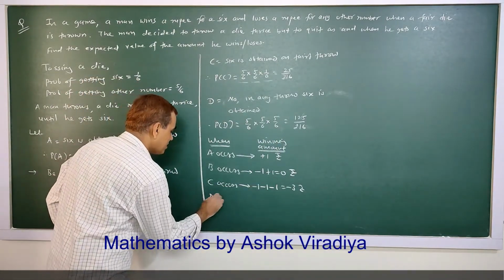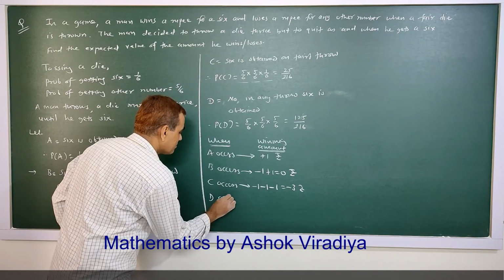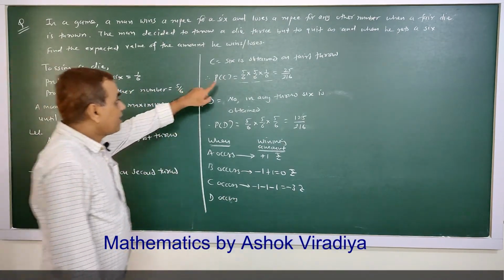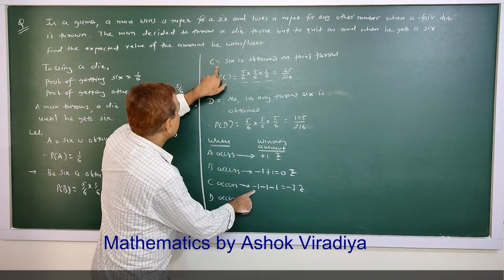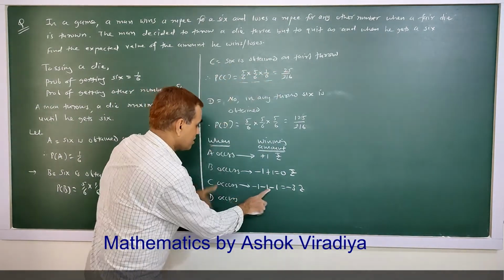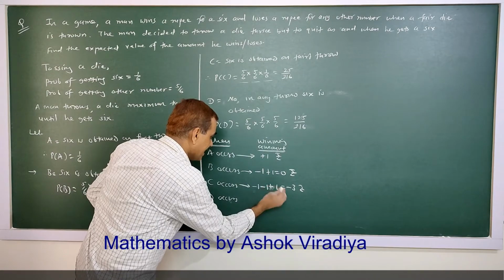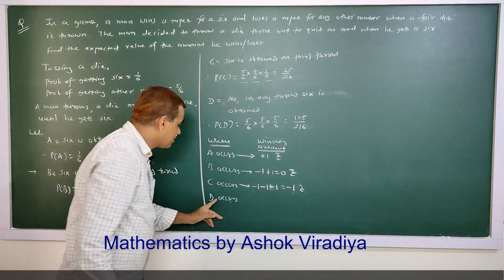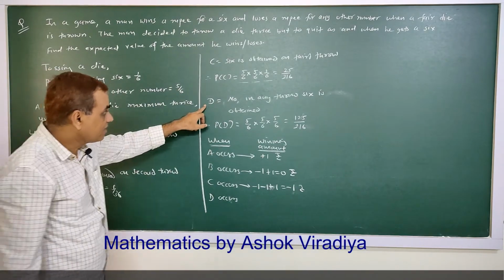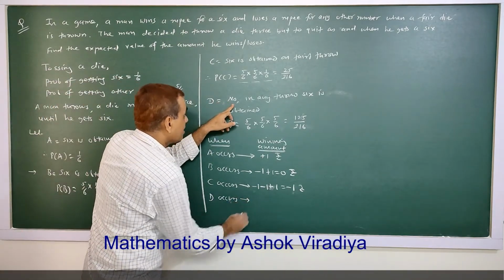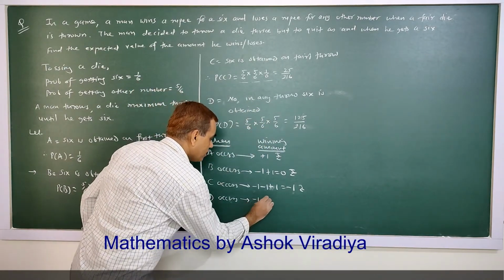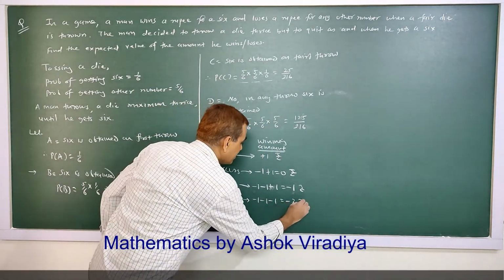And when D occurs, sorry, see I have done a mistake here. C means 6 is obtained on third toss. So on third toss plus 1 is getting. So this is minus 1 rupee. And on occurrence of D, he is losing 1 rupee every time. So minus 1, minus 1, minus 1, that is minus 3 rupees.